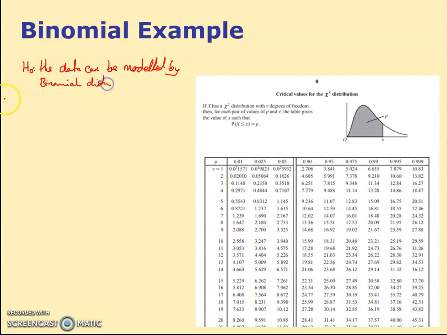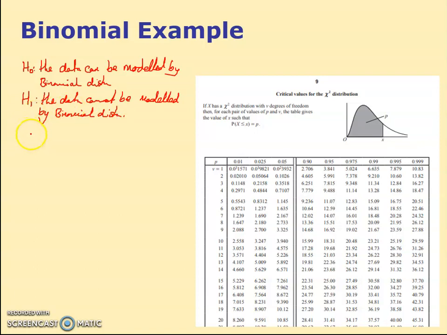H1: the data cannot be modelled by the binomial distribution. These are important, you write these out, because there's probably a mark for the pair of them. I've very quickly written those out, but you'd have to make sure you get all the marks for that.